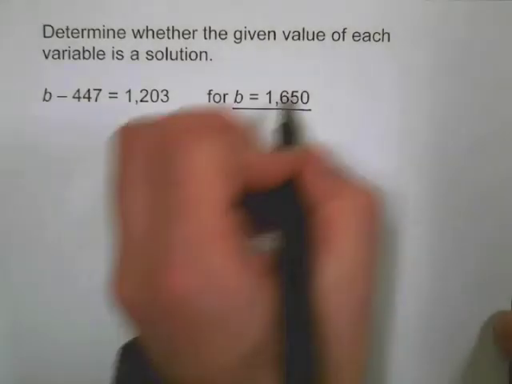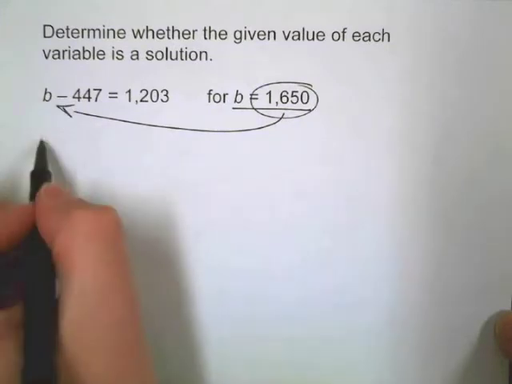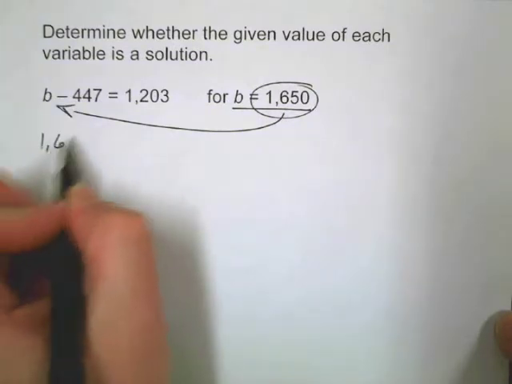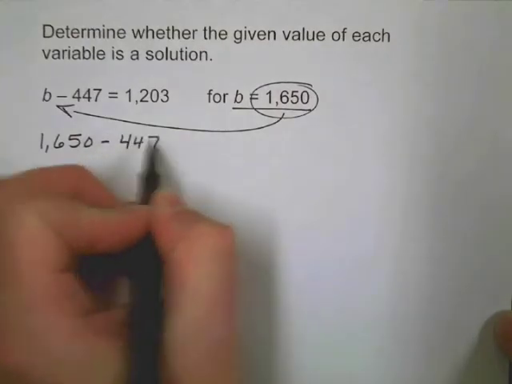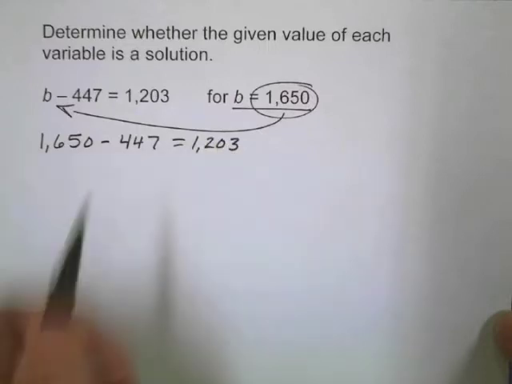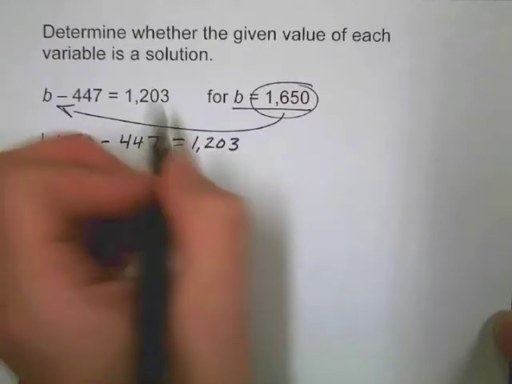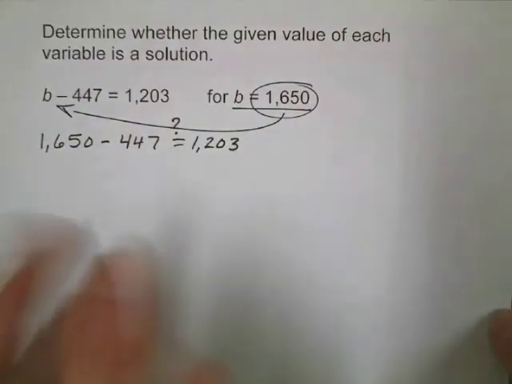So we're going to take this number here and we're going to put it in for b. So I can rewrite this problem: 1,650 minus 447 equal to 1,203. Now, since we're wondering about this, we can't say this for sure yet, so I'm going to put a question mark right above that equal sign, just to remind myself that I'm not sure yet.